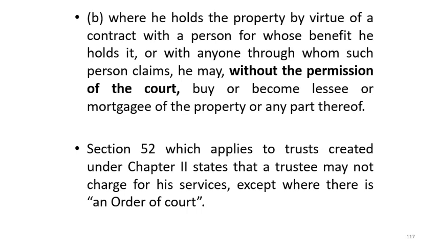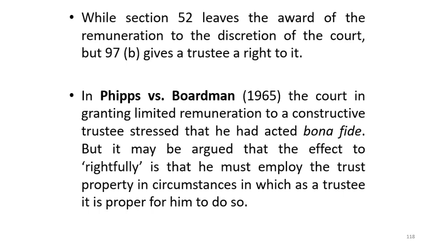Except on the order of the court, he can't get anything at all under Chapter 2. But under Chapter 9, the trustee is entitled for remuneration. While Section 52 leaves the award of the remuneration to the discretion of the court, but 97B gives a trustee a right to it.